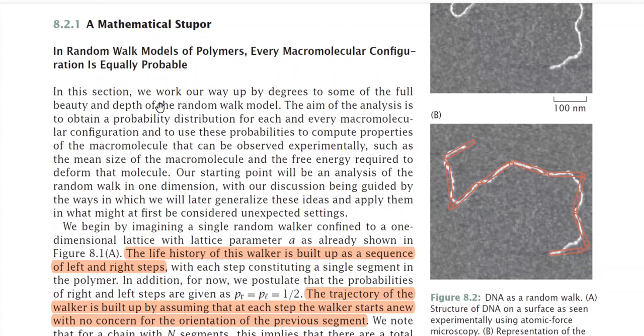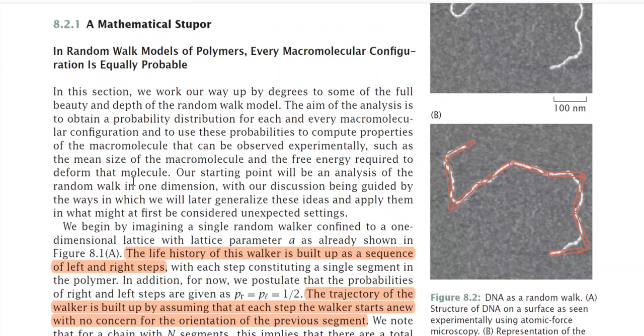In this section, we work our way up by degrees to some of the full beauty and depth of the random walk model. The aim of the analysis is to obtain a probability distribution for each and every macromolecular configuration, and to use these probabilities to compute properties of the macromolecule that can be observed experimentally, such as the mean size of the macromolecule and the free energy required to deform that molecule.